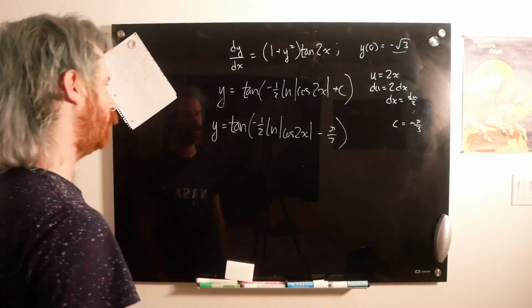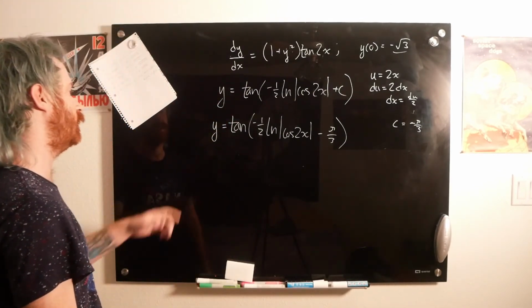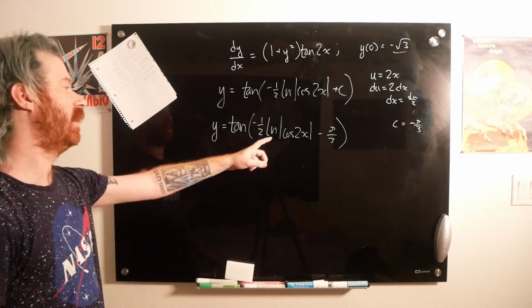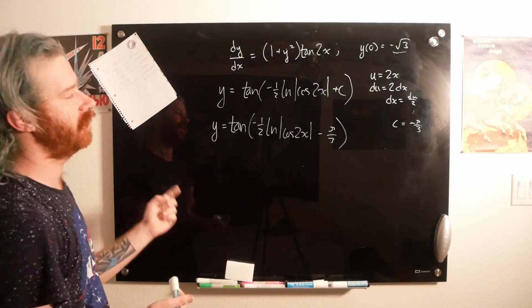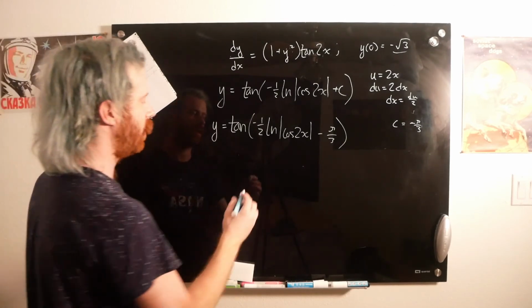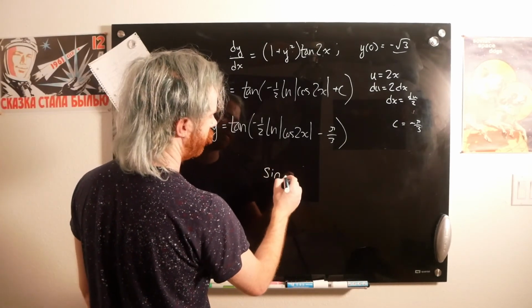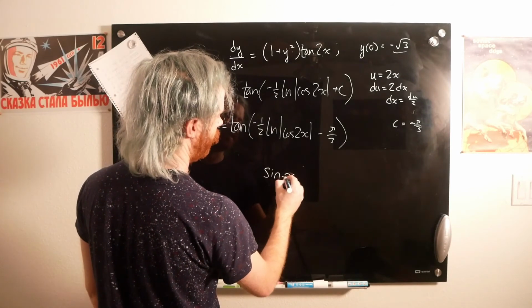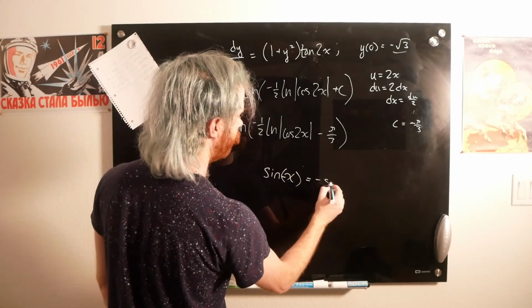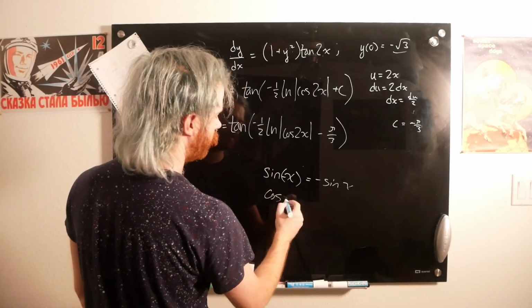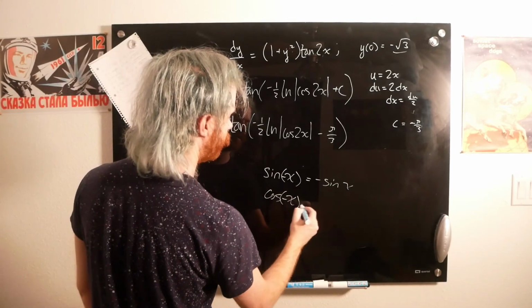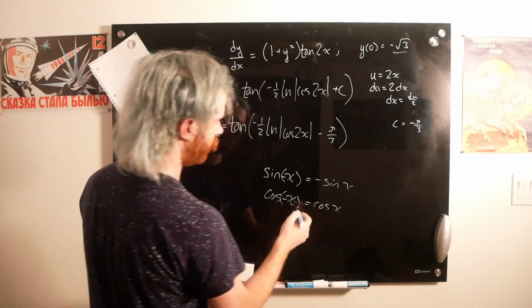In the book, it's a little different. What the book says is negative tangent of 1/2 natural log of cosine of 2x minus pi over 3. We know that tangent is an odd function, like sine is an odd function, so sine of negative x equals negative sine of x. Cosine is an even function, so cosine of negative x equals cosine of x. You can just delete the negative.